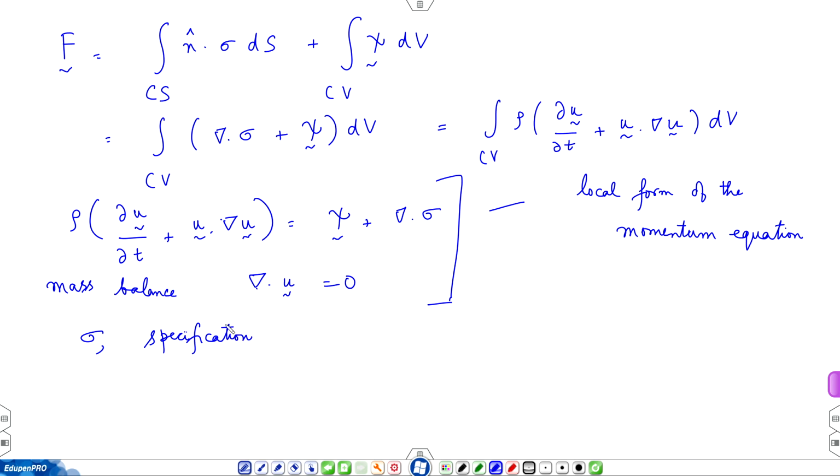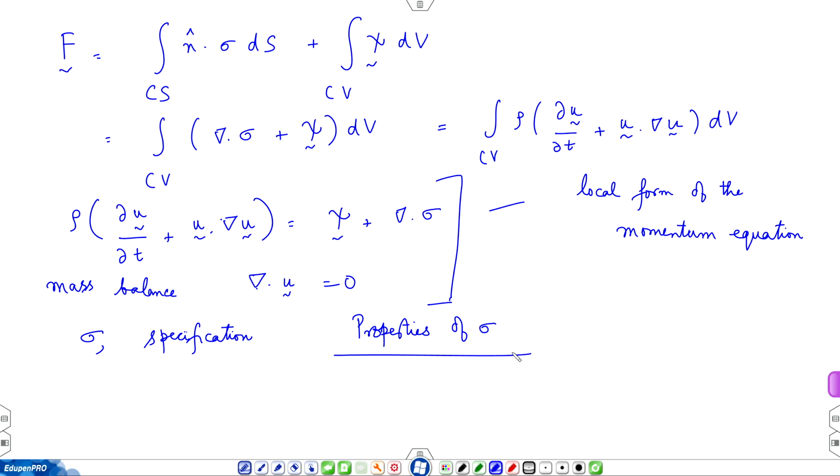So, before we specify sigma, let us see what we know about it. We always keep referring to a stationary fluid. Suppose the fluid medium is stationary, what do you know about velocity? 0.